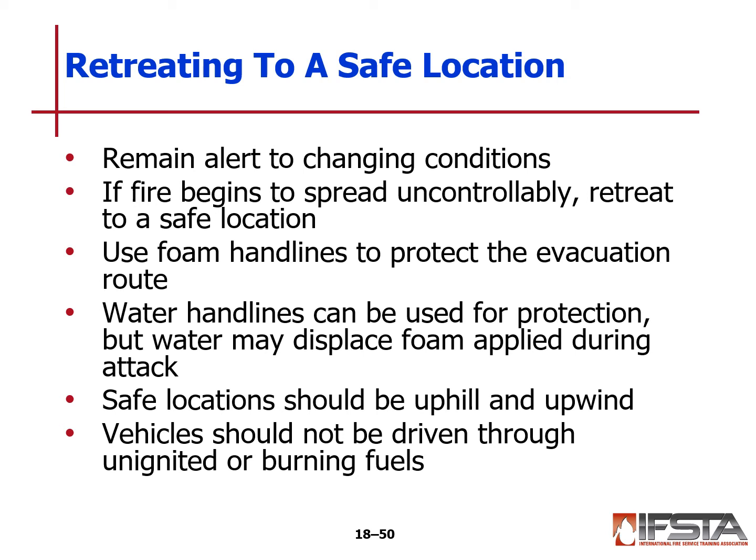Water hand lines can be used for protection, but water may displace foam that's already been applied during the attack. Safe locations should be uphill and upwind. Vehicles should not be driven through unignited or burning fuels. They can reignite if they're hot enough and we disturb the vapor that we're covering and suppressing.